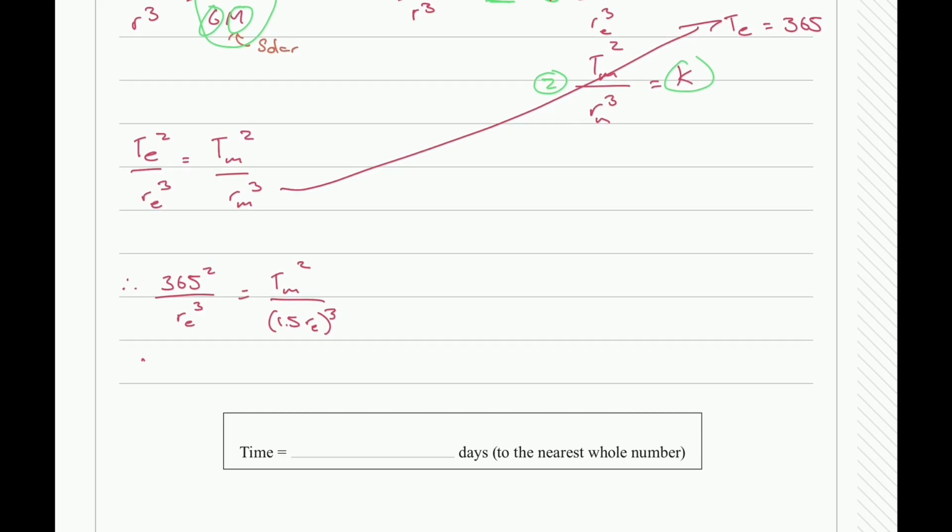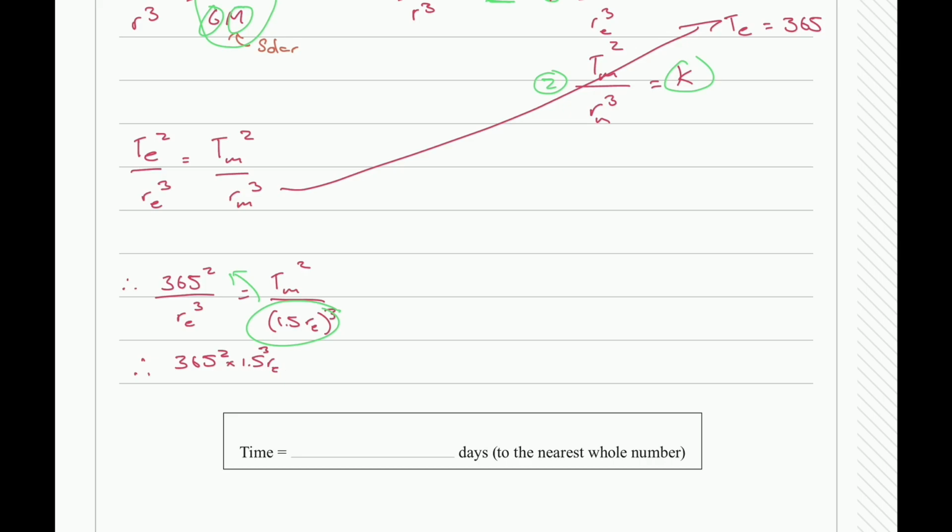And we can now move over to this step. Our next step would be moving this over to that side, simple algebra. So we can get 365 squared. I'm not going to simplify because doing the square of 365 is going to get me quite a large number. We can get it to a point where all we need to do is punch it into our calculator, and we save on any rounding issues. So 1.5 RE cubed, and we can bring this out, put a multiply here.